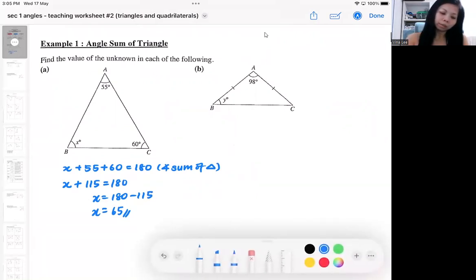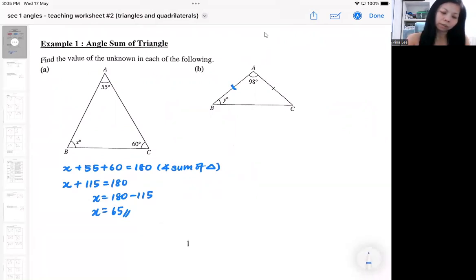Okay, the next one is the isosceles triangle. So they never mention isosceles triangle, but they show you two equal sides. So the two base angles are the angle y. So the two base angles are the same. So from here, I'm going to form the angle sum of triangle.